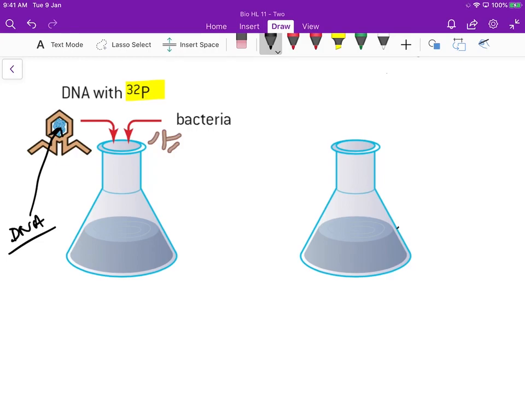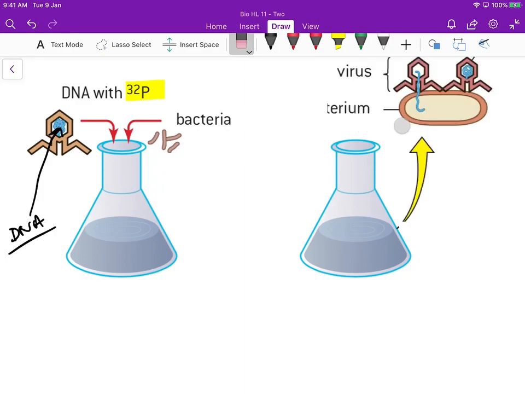And so they then mix them together and allow the bacteriophage to infect the bacteria. And what they would get then is that inside, the radioactive DNA would be injected into the cell, and then they would give it a shake and a blend.